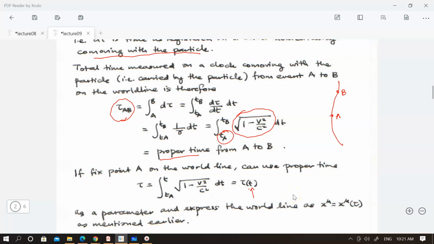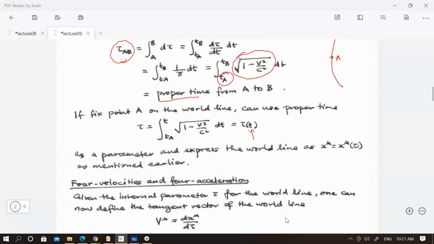So I now have the proper time written as a function of your coordinate time. Once you have this kind of parameter tau, one can start to do all the kinematical variables that we want.